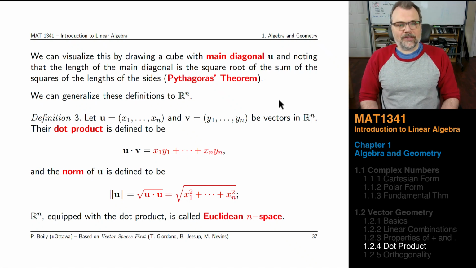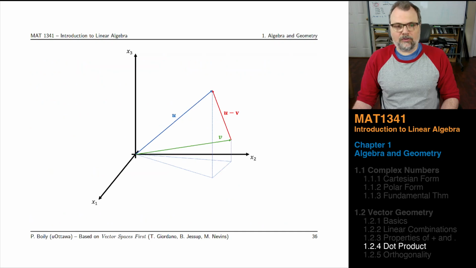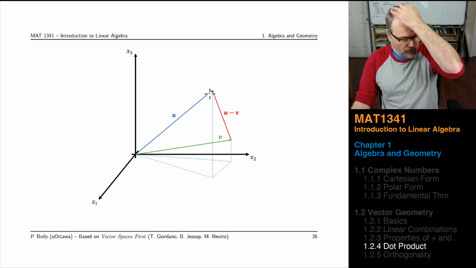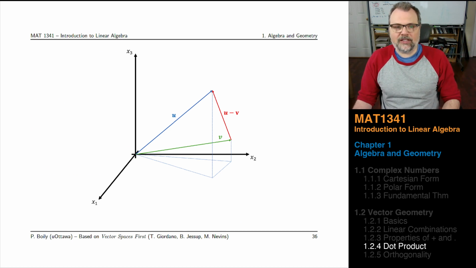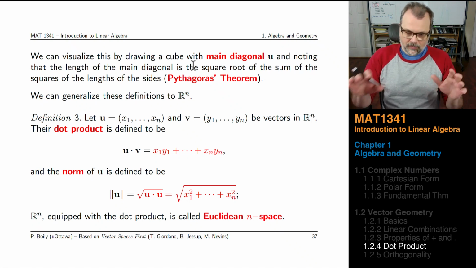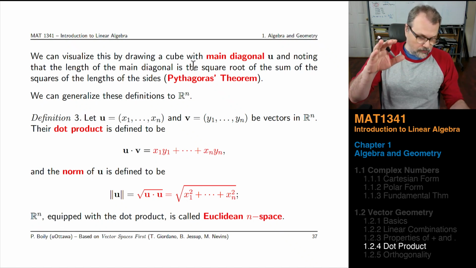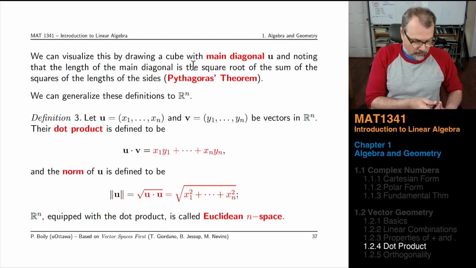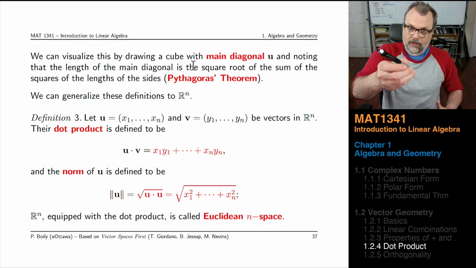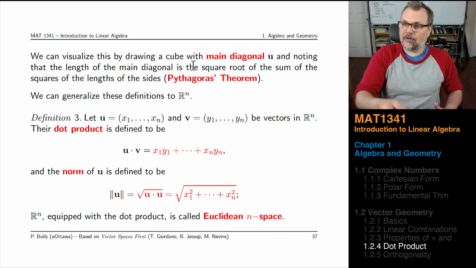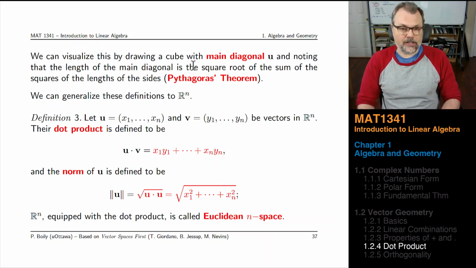You can visualize why the length of u is indeed x1 squared plus x2 squared plus x3 squared, all under a square root. Look at the cube, where one corner of the cube is the origin and the opposite corner is the point of the vector, and then you just do repeated applications of Pythagoras' theorem to get the formula for the length of u.